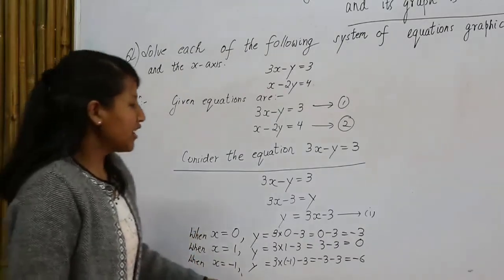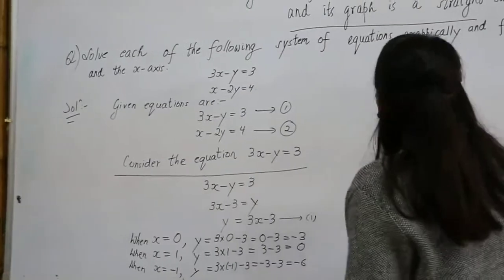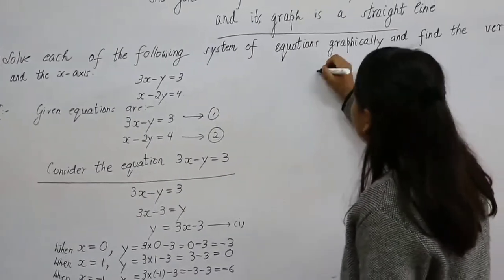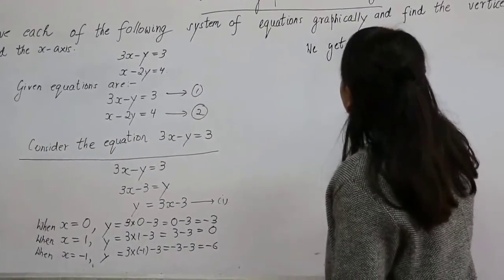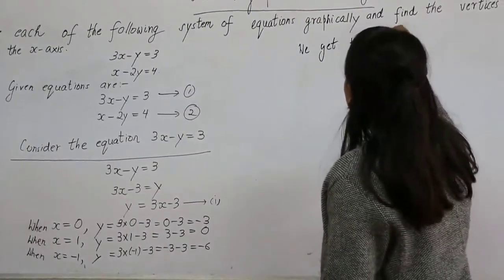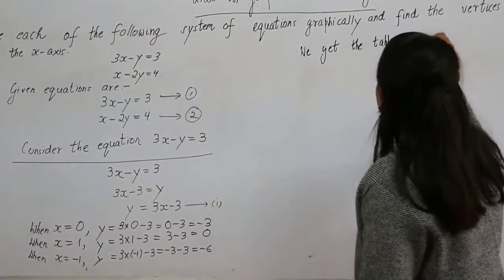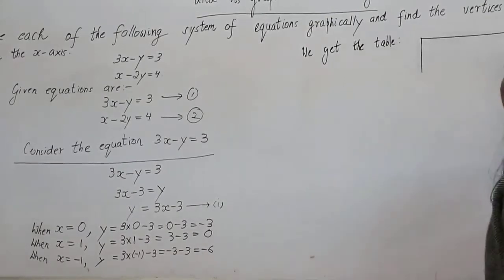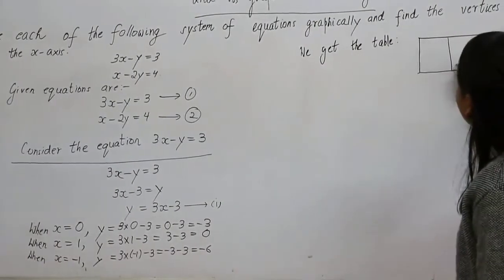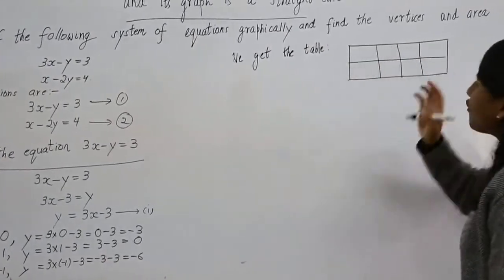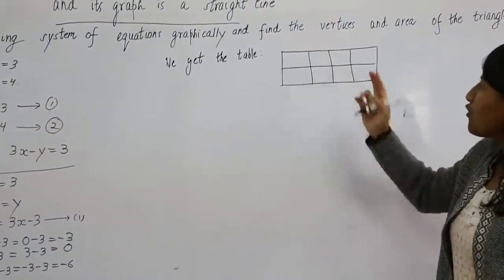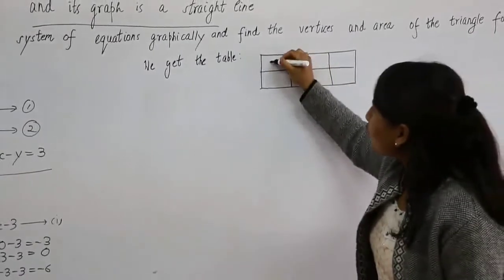After this, what you do? We get the table. You draw 4 columns and 2 rows.